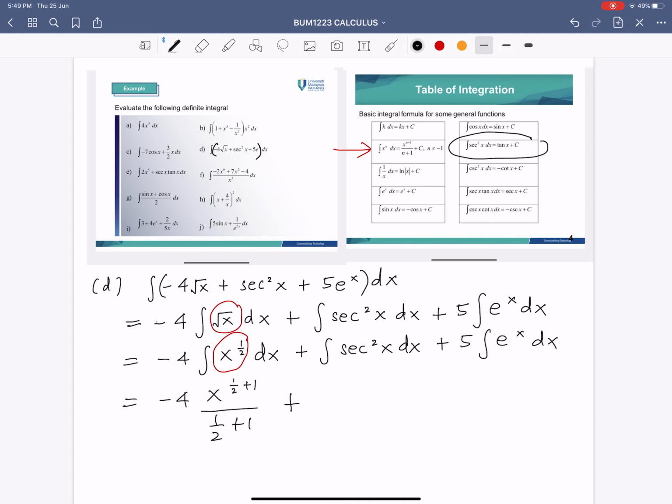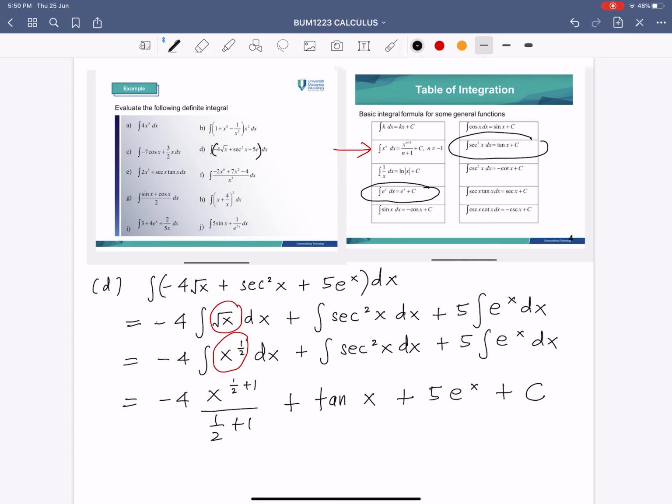So the result is tangent x, therefore plus tangent x plus, okay, 5 constant remain there. And then we have integration of e power of x, so the result is also e power of x, so 5 times e power of x. And don't forget plus c.